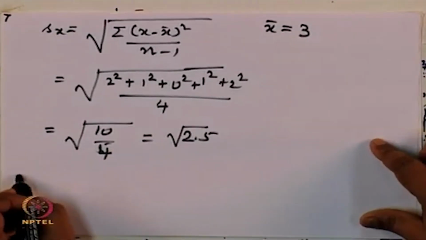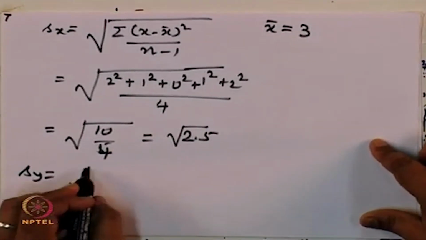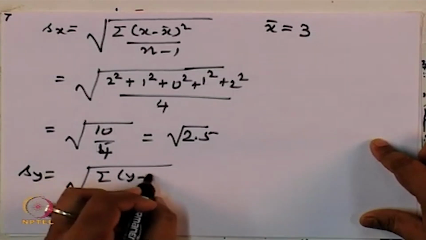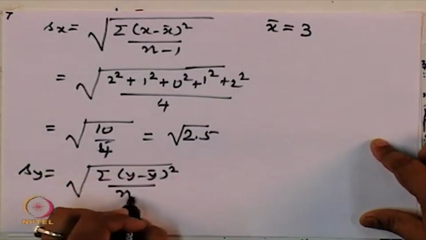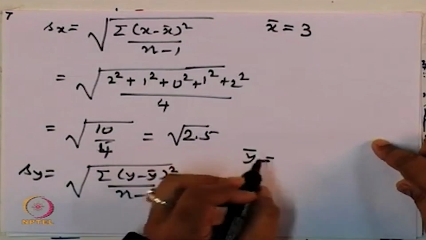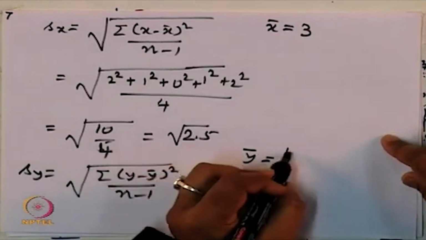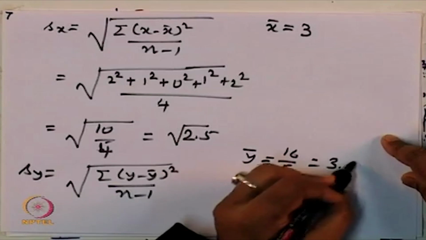Okay. I can calculate the value of s y is equal to root of summation y minus y bar whole square by n minus 1, y bar is equal to 5 plus 4 plus 3 plus 2 plus 2, 16 by 5, equal to 3.2.